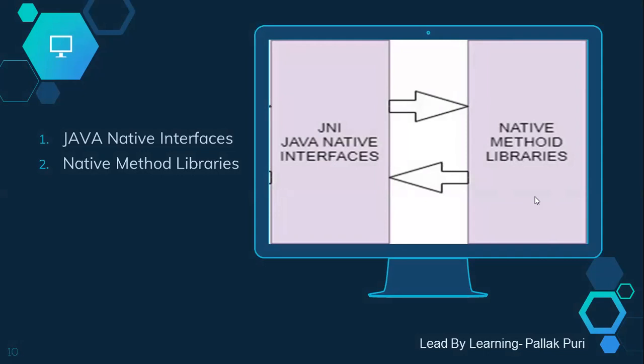During execution, the execution engine may require native method library information, which is stored in native method libraries. So who is responsible to provide the information of native method library? For that, we have JNI, which is Java Native Interface. JNI is responsible to provide native method library information to the execution engine. So this was the execution engine.